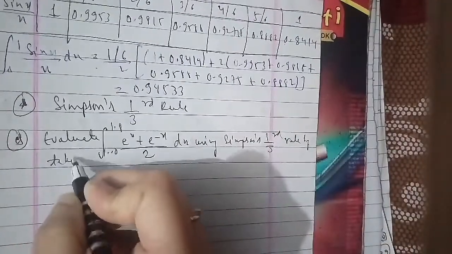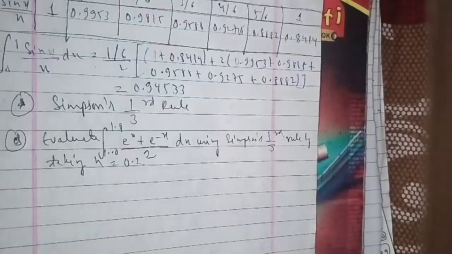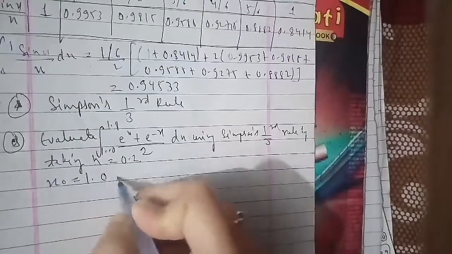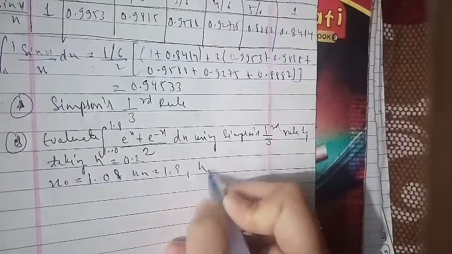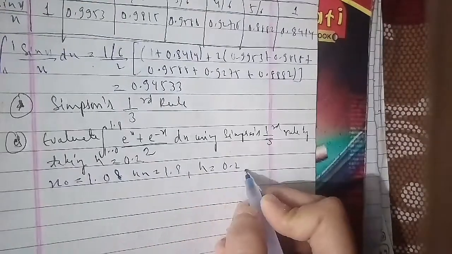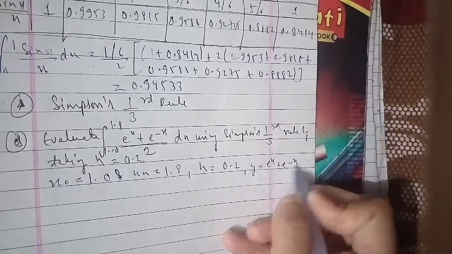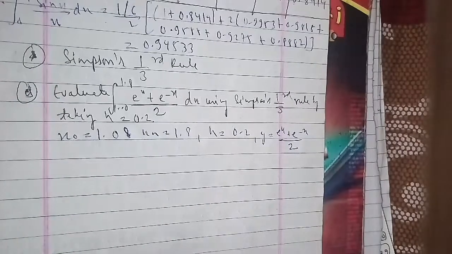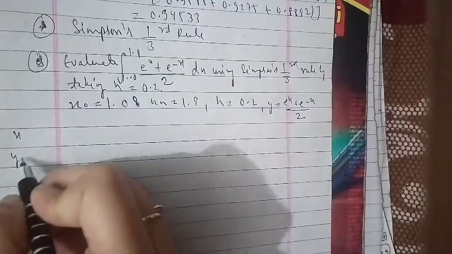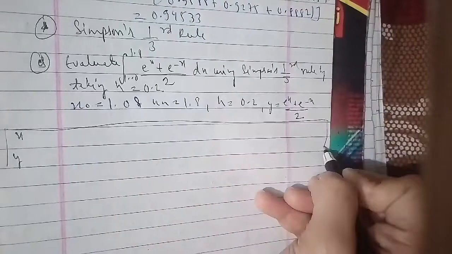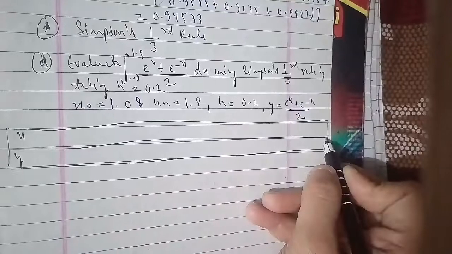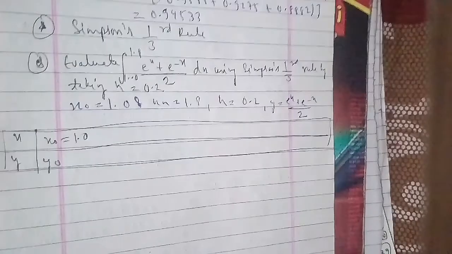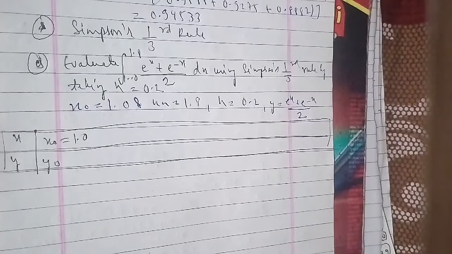So for the same, x and y. We have x0 equals 1.0, y0 equals 1.543, and x1 equals 1.2, y1 equals 1.810656, then x2 equals 1.4 and y2 equals 2.150898, and then another one, x3 equals 1.6 and y3 equals 2.577464.